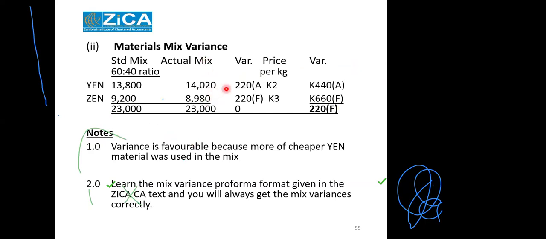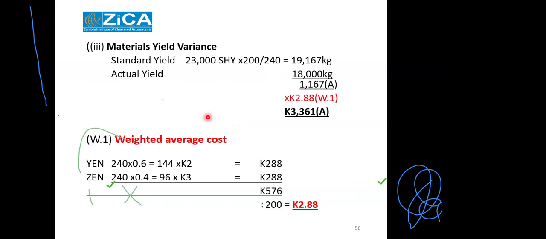They added 14,020 plus 8,980, that's 23,000. Now, in the yield variance, we are saying, if we use 23,000 kgs to produce an output of 18,000 kgs, what should we have yielded from 23,000? Were we efficient or not?